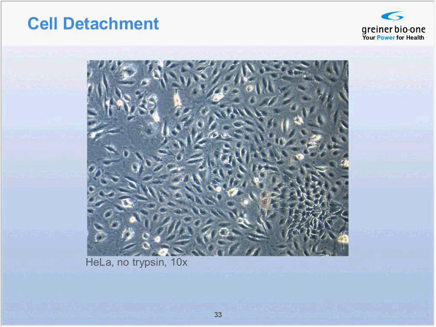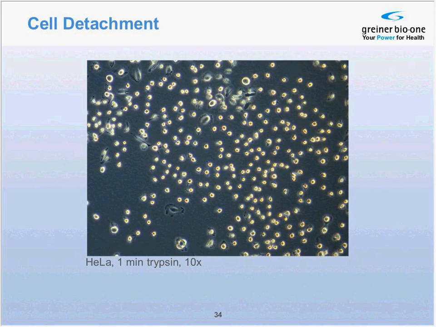The course of cell detachment can be easily followed with a microscope. On this slide, you see an almost confluent layer of HeLa cells. After removal of culture medium, followed by one wash step with phosphate buffered saline, trypsin was added.